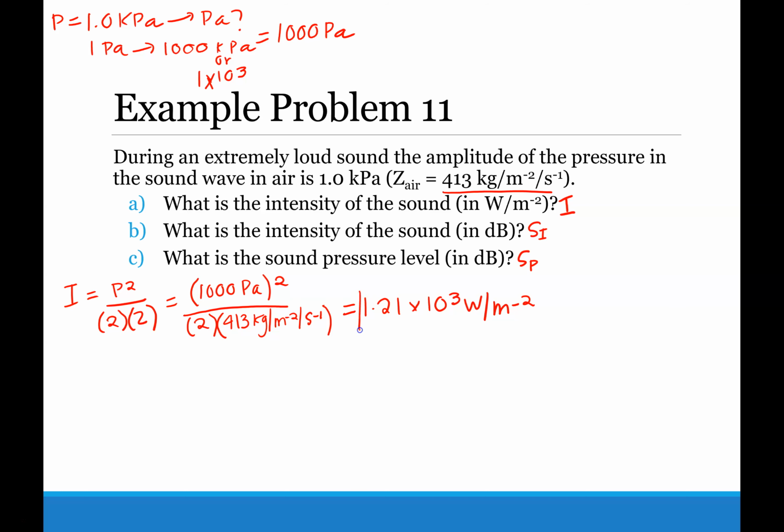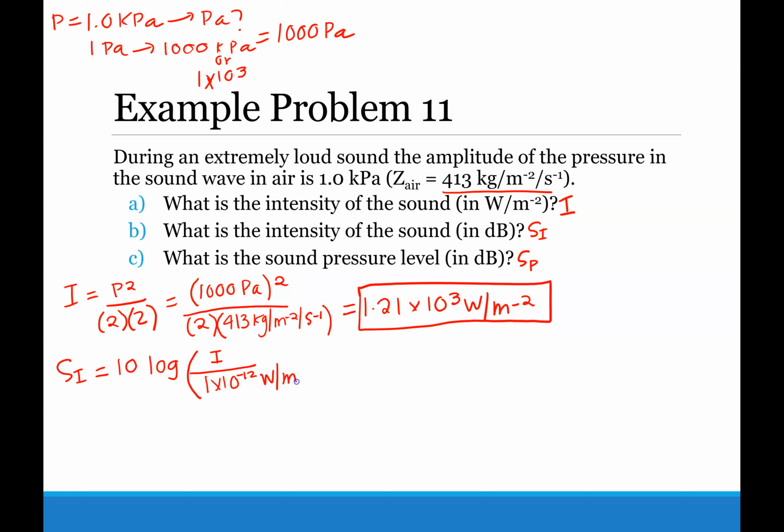So we've calculated A. Now we need to go ahead and calculate B. So B asks us for SI. We know the formula for SI is 10 log intensity divided by 1 times 10 to the minus 12 W meters minus 2.